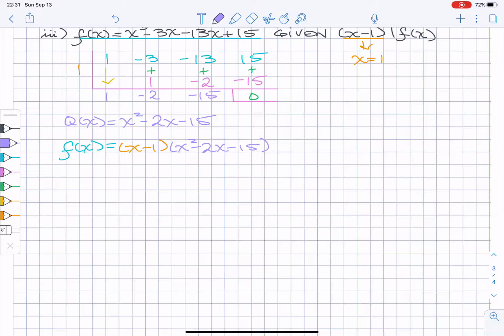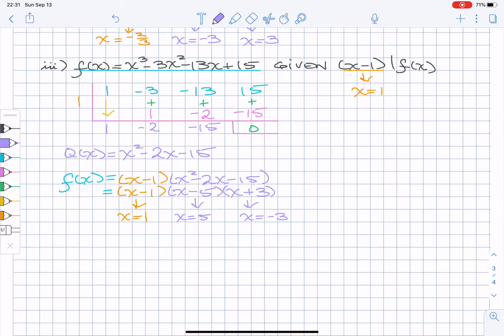For the quotient there, I'm looking for two integers that have a product of negative 15, but sum to negative 2. Say negative 5 and positive 3 will do the job. So our roots are x equals 1, x equals 5, and x equals negative 3. Those are the roots or x-intercepts.